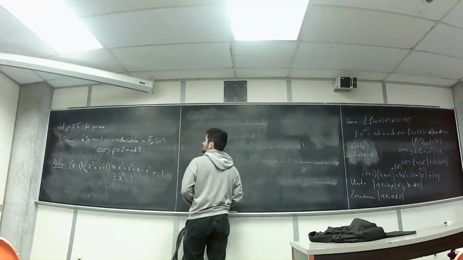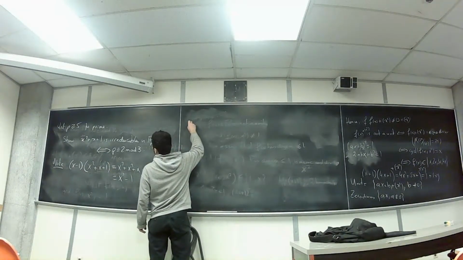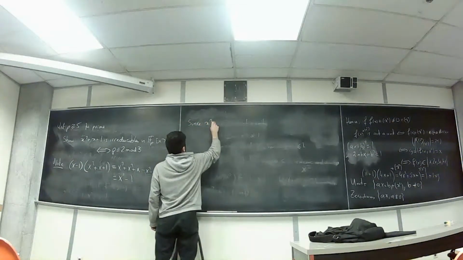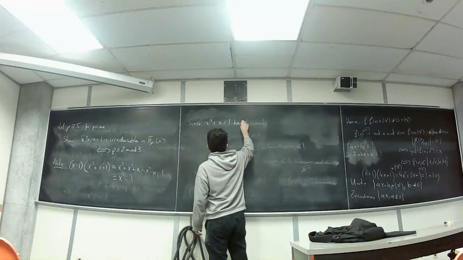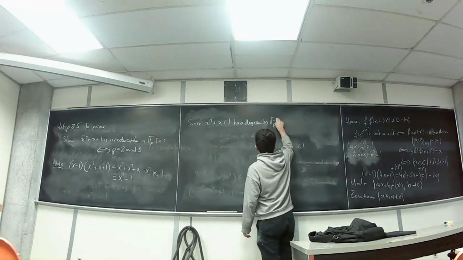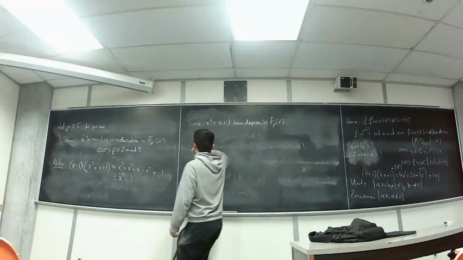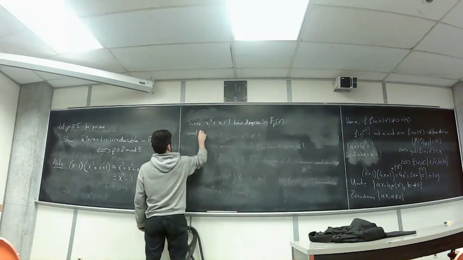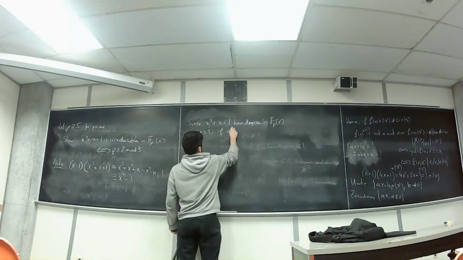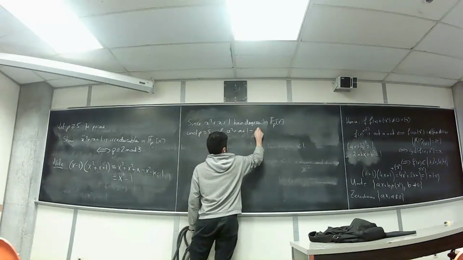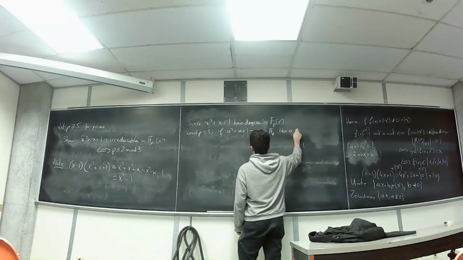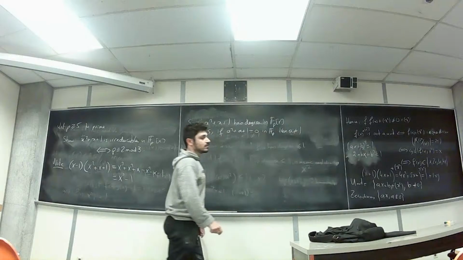Let's do this. Since x squared plus x plus 1 has degree 2 in FP of x, and p is greater or equal to 5, if a squared plus a plus 1 is equal to 0 in FP, then a is different than 1, right?